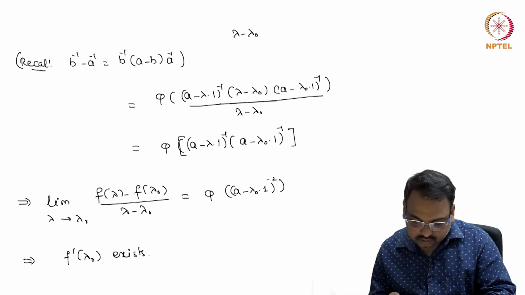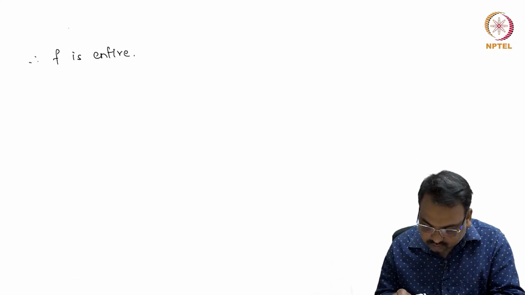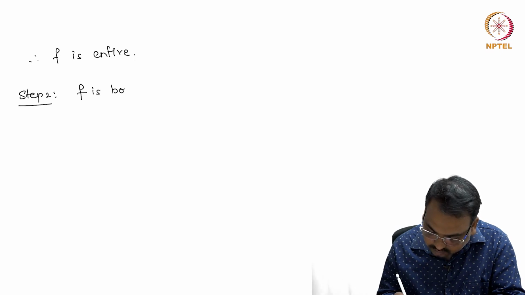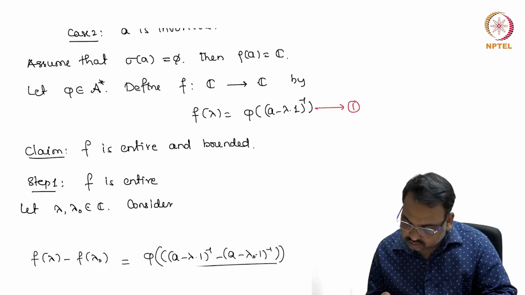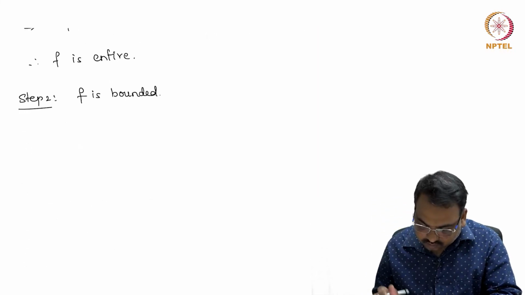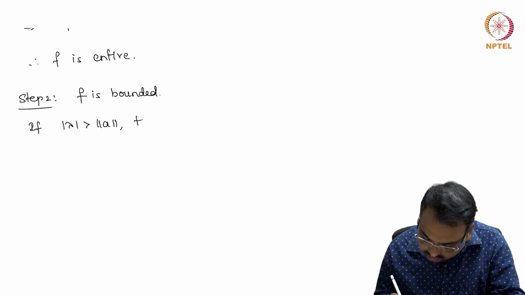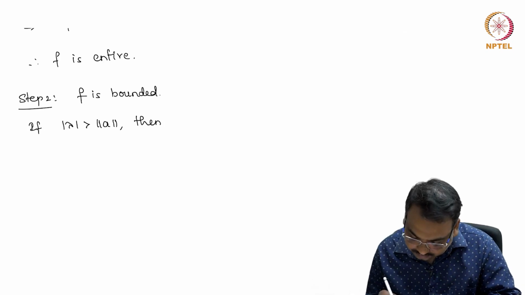Now we want to say that f is bounded. Step 2. Okay. So let us look at if mod lambda is bigger than norm A, then we know that A minus lambda 1 is invertible.